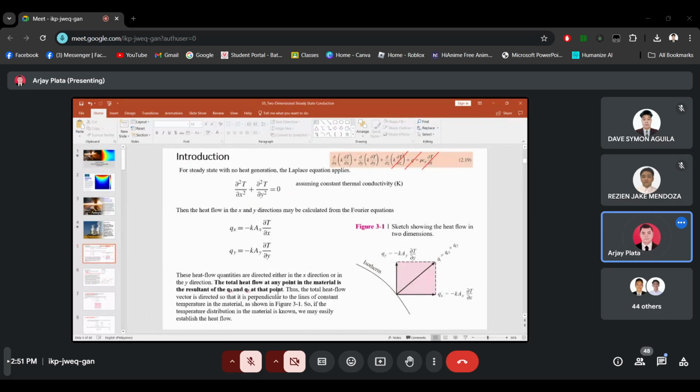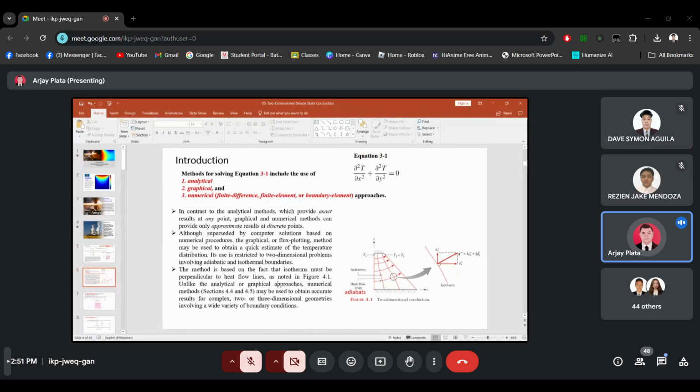Okay. So we actually have three methods to consider when solving for two-dimensional steady-state conduction. The first method is the analytical. This is the most complex method and requires higher mathematical knowledge, because we will use here the Taylor series expansion and other higher math.